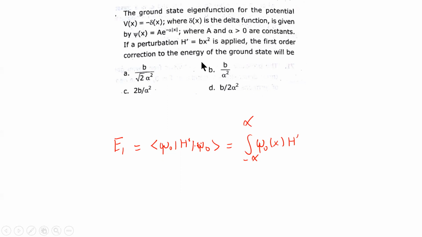Now that perturbation function, multiply it with the complex conjugate of your ground state function, and evaluate it between these limits. So this is what we have.